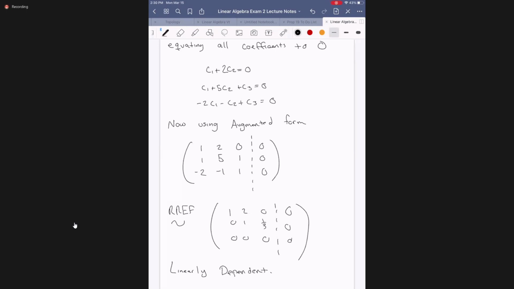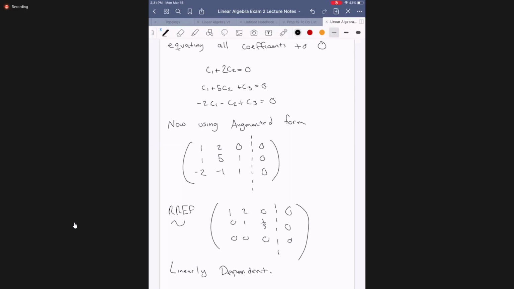This is an example from the book, I think page 181, example 9. There are more examples out there, but this is how you generally attack testing linear independence or dependence.